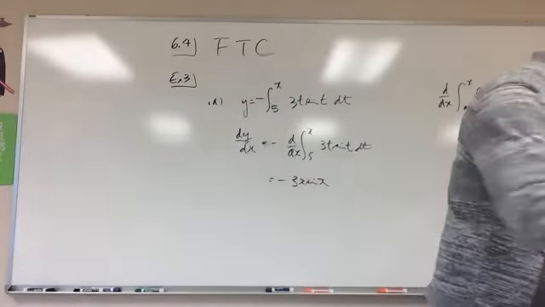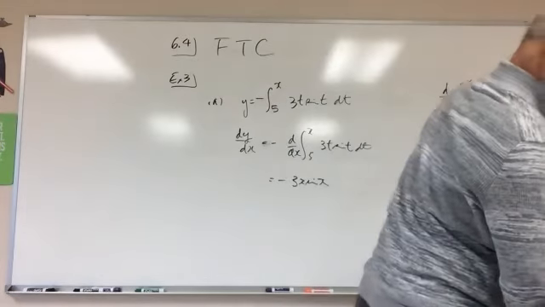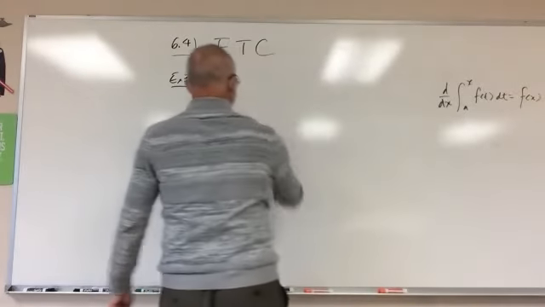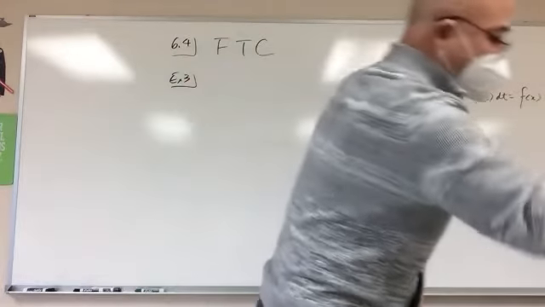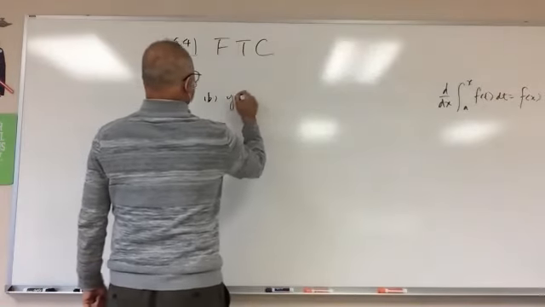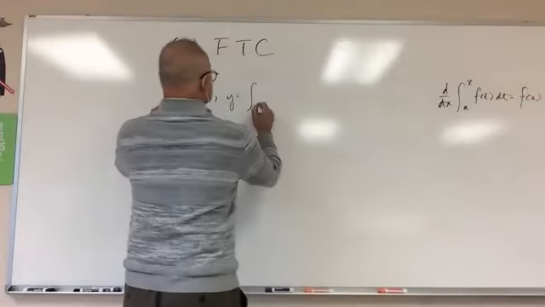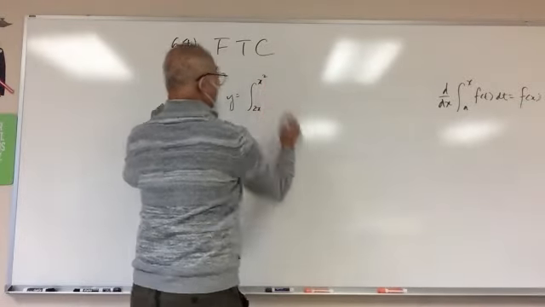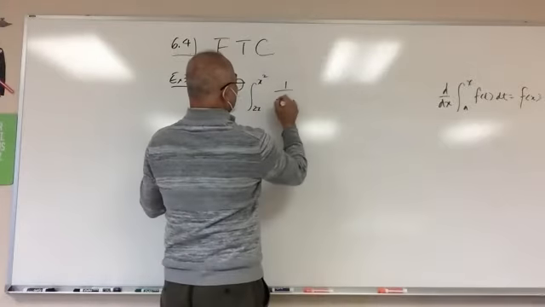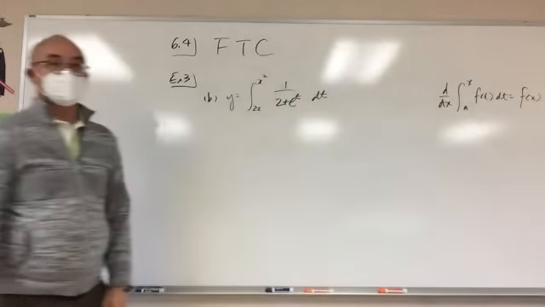And let's go and do y, not y2, b, I guess b. In b, we are faced with a different problem. We have y is equal to the integral from 2x to x squared of 1 over 2 plus e to the t dt, right?